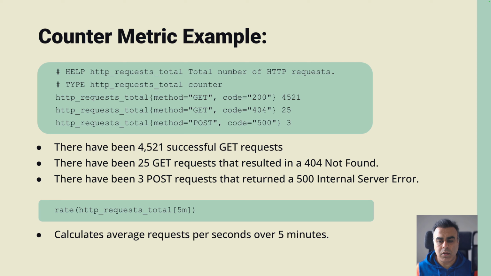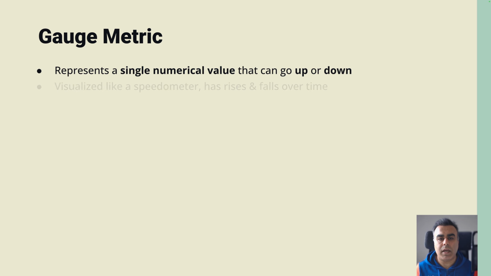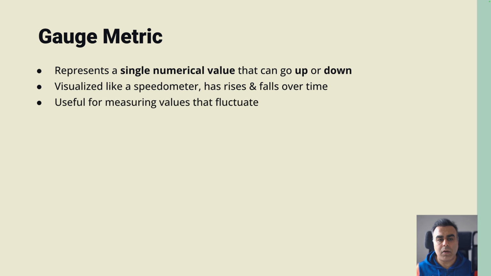But the only characteristic of the counter metric is that it can only increment. What if I have a metric that fluctuates? That's the second metric that is very useful and powerful, and its name is gauge metric. As the name suggests, it's a metric that can go up and down. Like a speedometer, the values have rises and falls and can fluctuate.